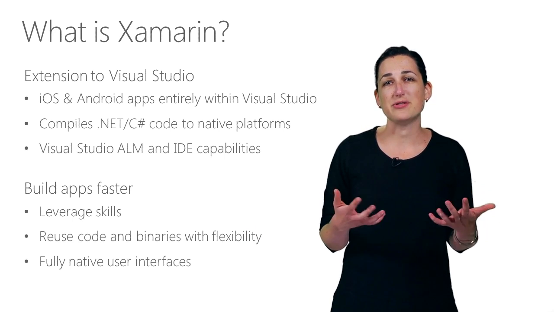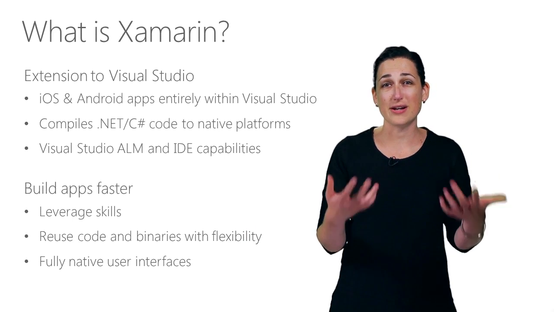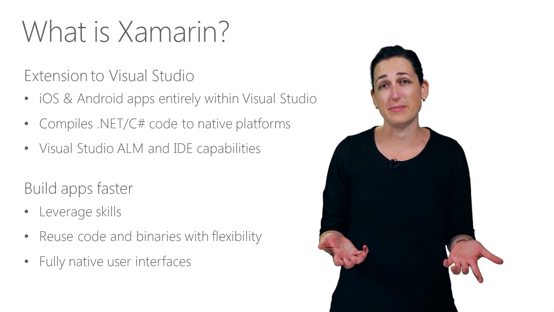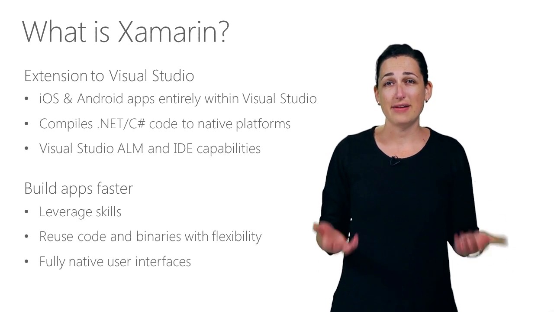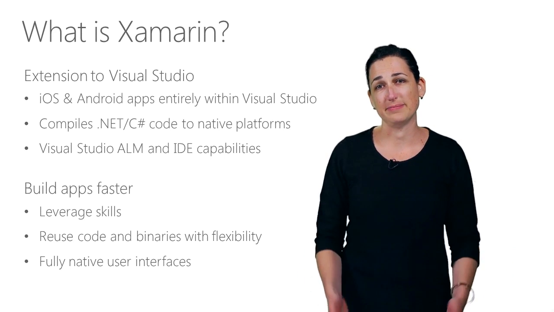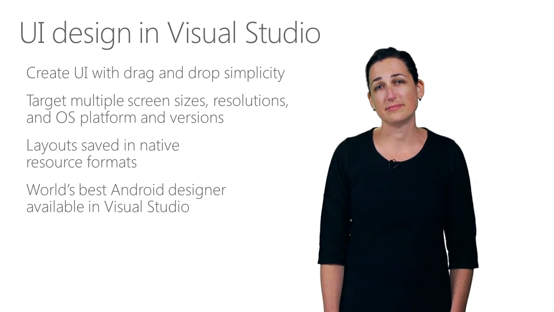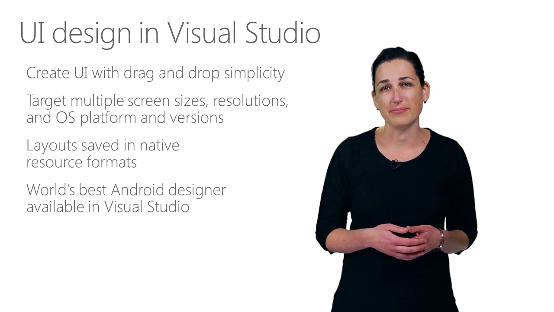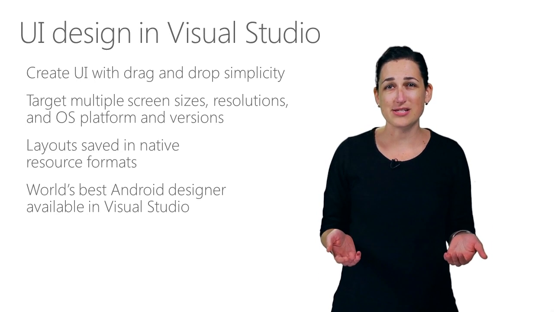You can build your apps faster reusing your existing skills and even your code and binaries with maximum flexibility. And you can also create fully native user interfaces. With Xamarin, you can create UI with drag and drop simplicity. You can target multiple screen sizes, resolutions, and OS platforms and versions.